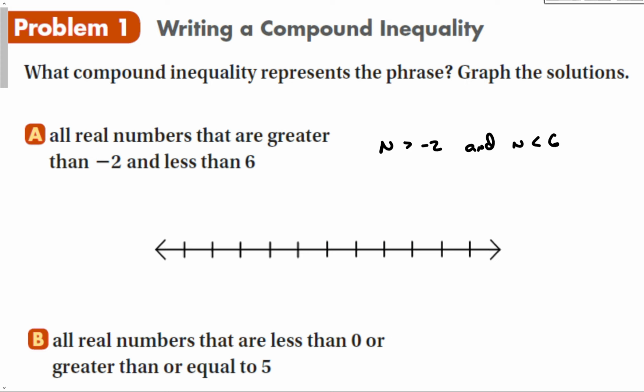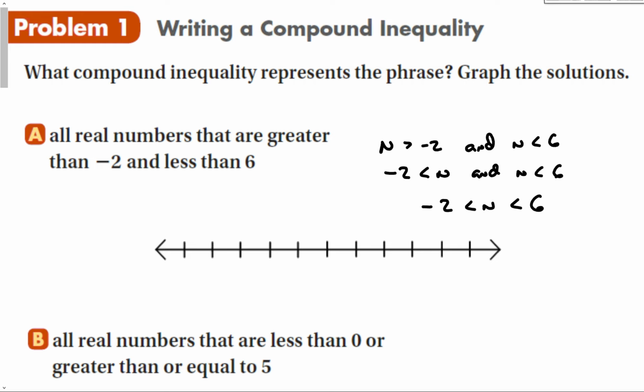Because these are both equal to the same variable, I can flip this one around and smush them together to say that -2 is less than n is less than 6, so that n is in between -2 and 6, or we can say that n is greater than -2 and less than 6.